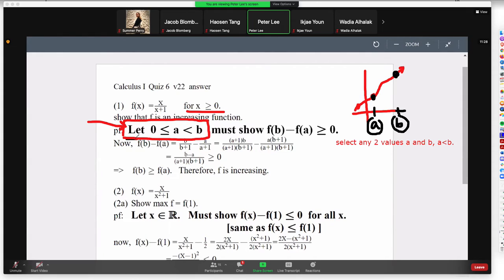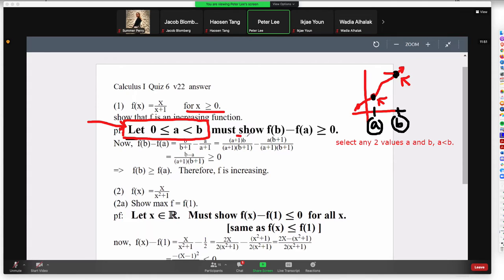And the second, I asked you to state what you have to show. What is it that we have to show? In this case, we have to show that the point on the right, which is b, the function value, this point right here is higher than this point right here. So we have to show this.